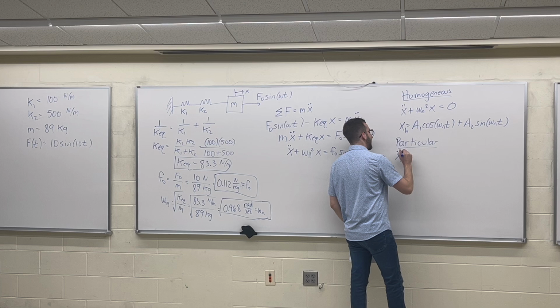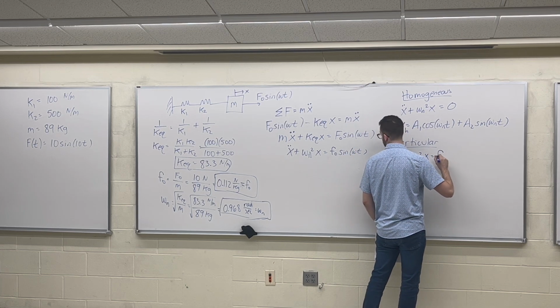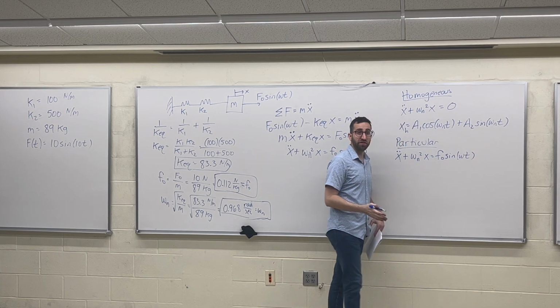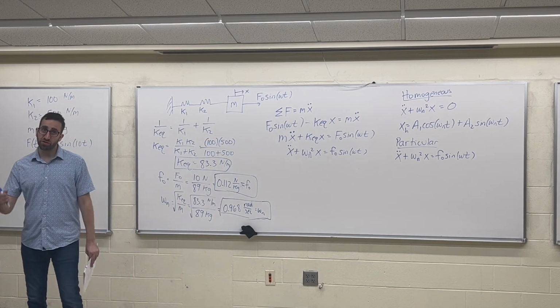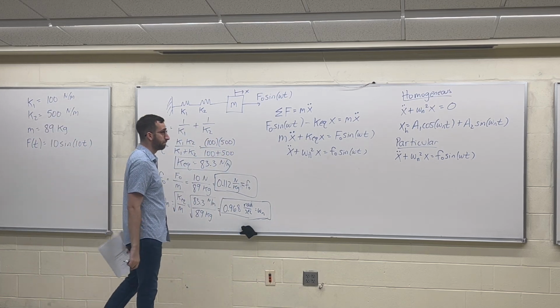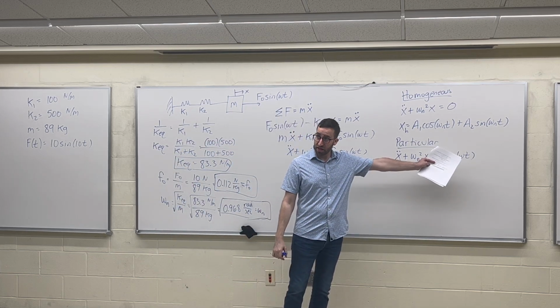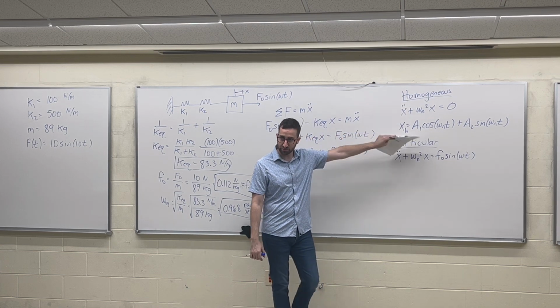Same thing, except now we have forcing, the forcing function on the right, which we wrote as f naught sine omega t. We can solve this in a bunch of ways. We can assume a solution. We can do the complex response method, where we assume a complex exponential and then deal with complex exponentials the whole time.